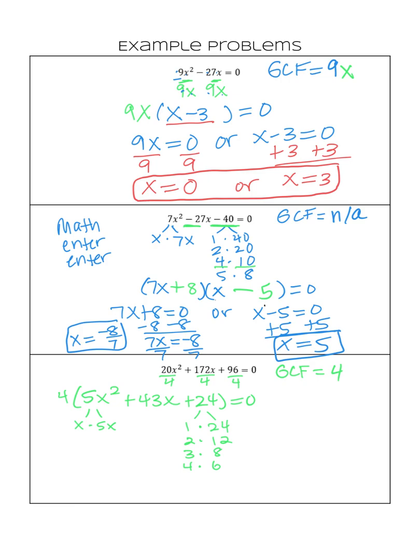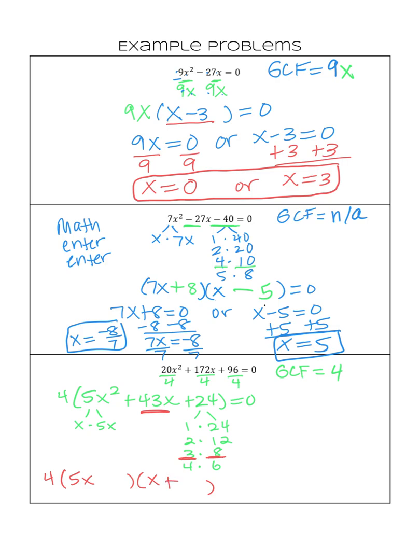Okay, so now my check number is 43. So I'm going to use the factor pairs of 5 and 24 to somehow get to 43. I know I have to have 5x and x. Oh, thinking back to elementary school when I was first learning multiplication, I remember that 5 times 8 is equal to 40. 40 is really close to 43, and in fact, there's a 3 over here.